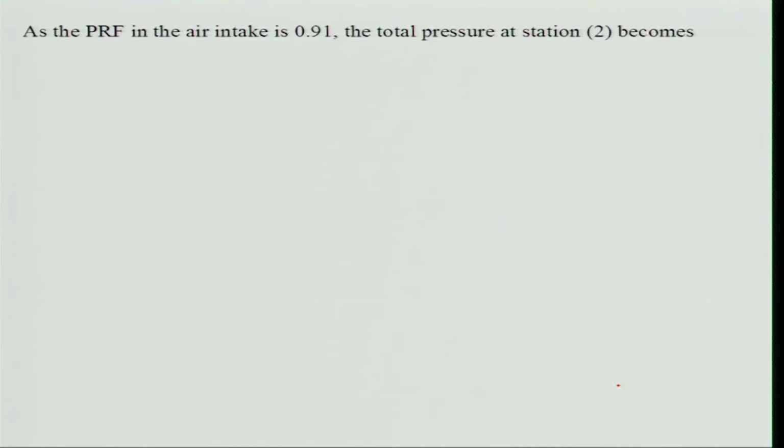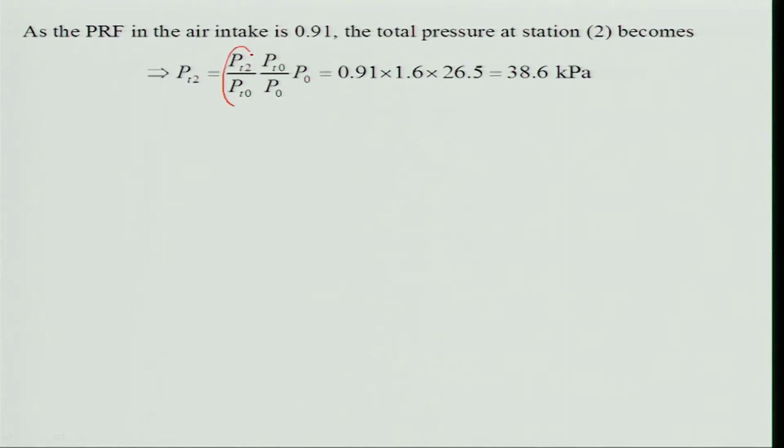As the PRF, pressure recovery factor, in the air intake is 0.91, we can very easily find out the total pressure at station 2, that is Pt2 by Pt0, and this is nothing but your PRF, and Pt0 by P0 we have already determined, that is 1.6, and P0 of course we know from the altitude, that is 26.5.